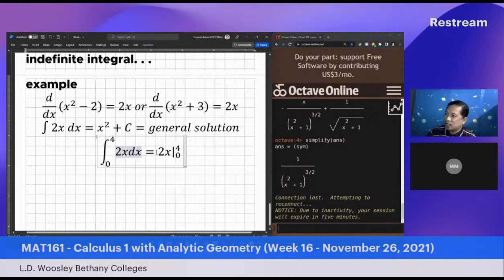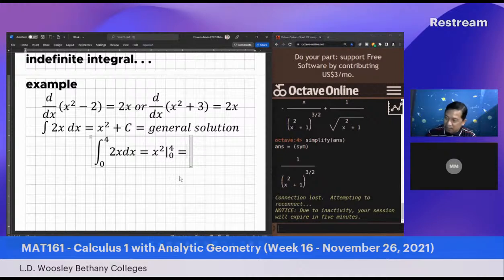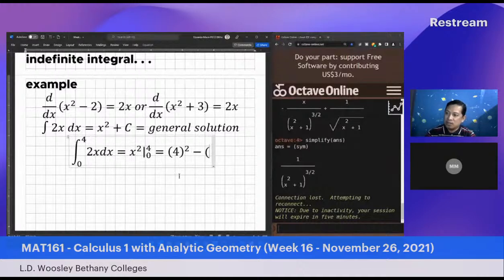We could evaluate such that this would become x squared, no? So we know that the value is x squared and needs to be evaluated from 0 to 4 by direct substitution, after you get the indefinite integral, which is x squared, without adding plus C. I know you get this already because you have studied it. So this becomes 4 squared minus 0 squared.